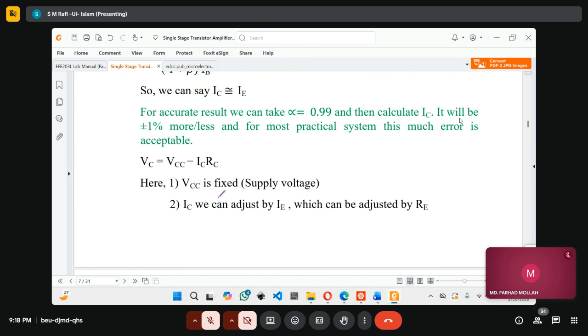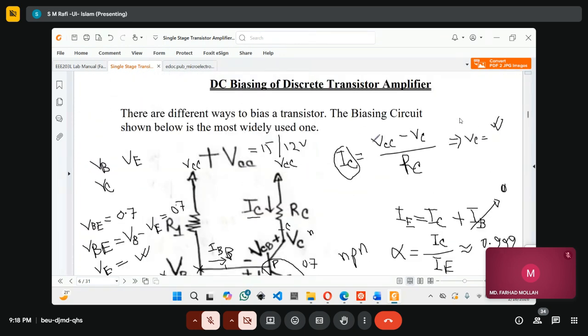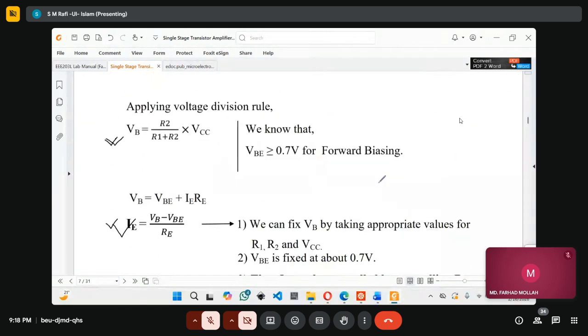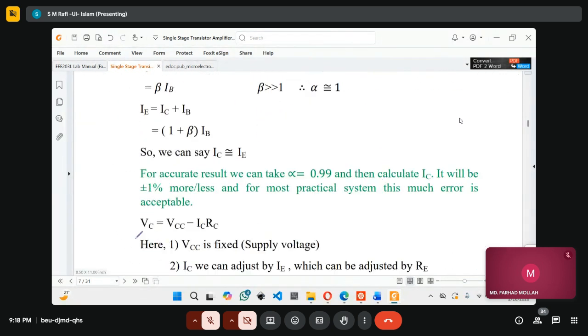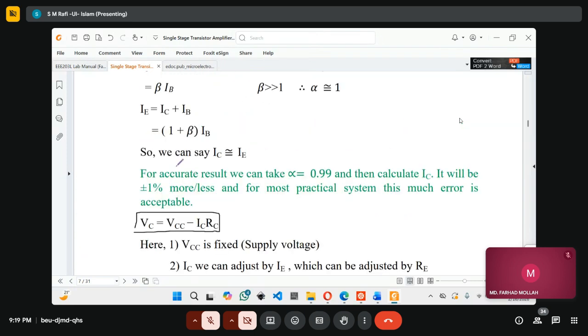So this is the designing thing. So let's say this is the equation I just have written. You see this equation. So if I rewrite this equation, VCC should be equal to IC times RC plus VC, right? So he has written the same equation here. So these are like the designing issue.